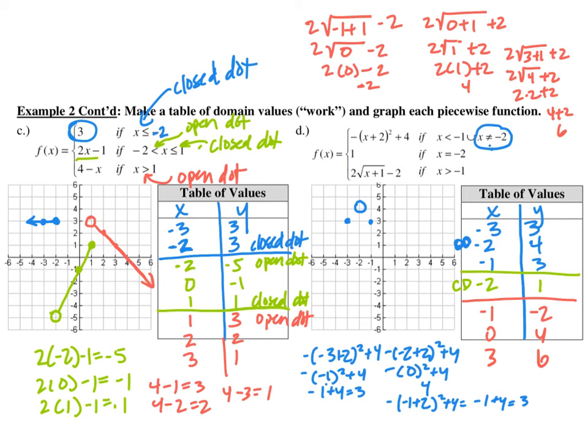Now this might be confusing because we just finished a section on absolute value. So absolute value has a V shape, just like this or like this. But this is a parabola. See, that has a little exponent of 2.